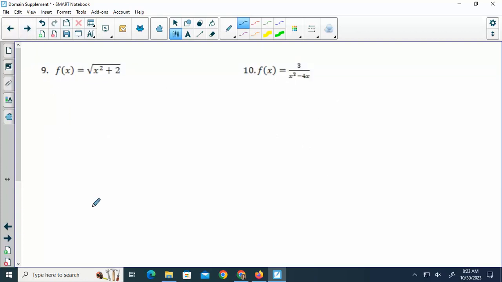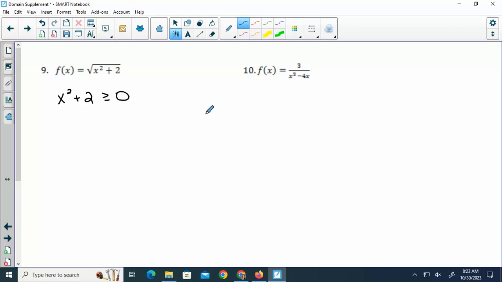All right, number 9. So if I look at this one, my radicand, the thing under the radical, greater than or equal to 0. Does that factor nicely?